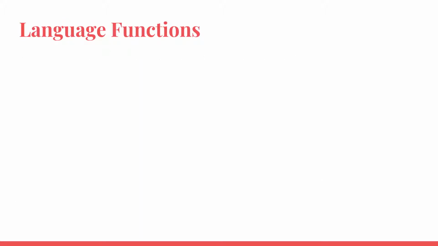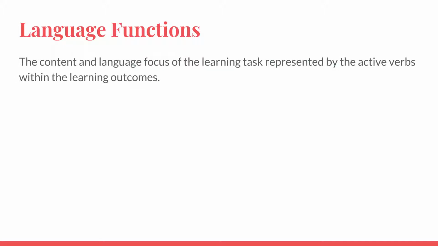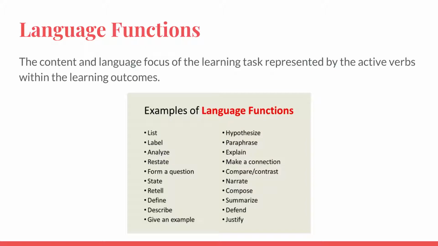Language functions. Language functions would be the content and language focus of learning tasks represented by the active verbs within the learning outcomes. So some examples would be list, label, define, describe, explain, justify, and summarize.